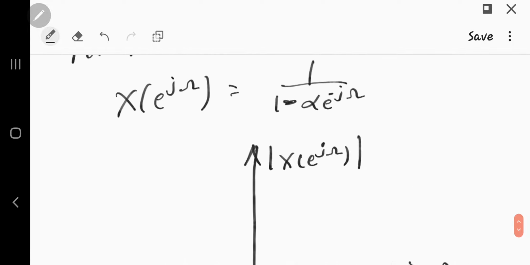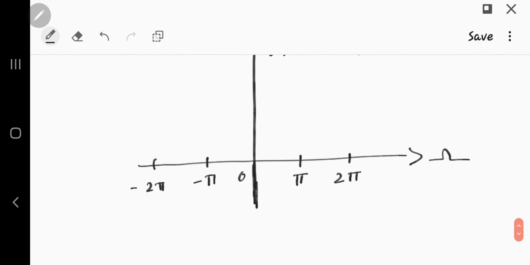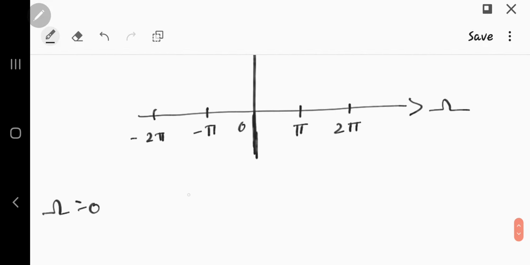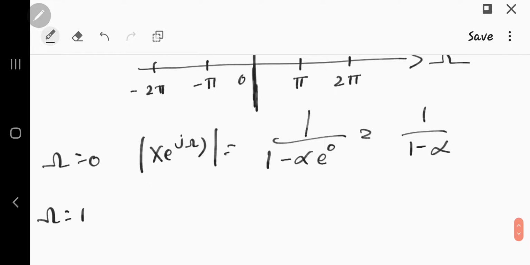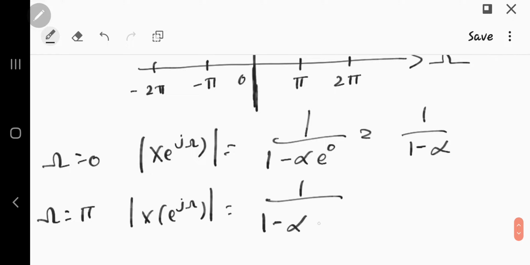Now observe this, if I put omega equal to 0, then X of e power j omega is equal to 1 divided by 1 minus alpha e power 0. So that is 1 by 1 minus alpha. And if I put omega equal to pi, X of e power j omega is equal to 1 divided by 1 minus alpha e to the power of minus j pi.